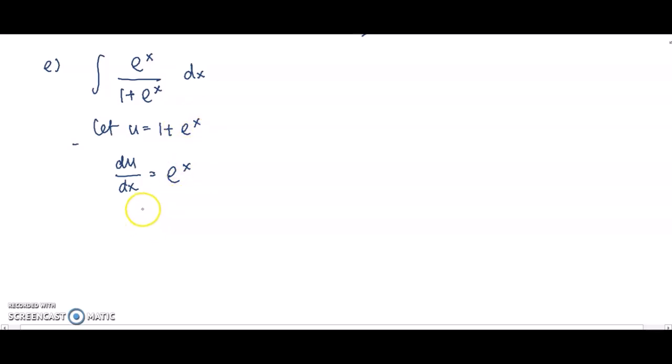So then you can see that the e^x combined with the dx can be replaced by du.